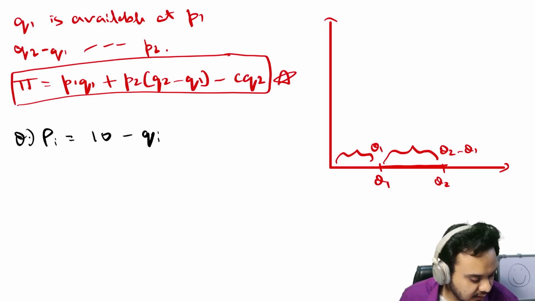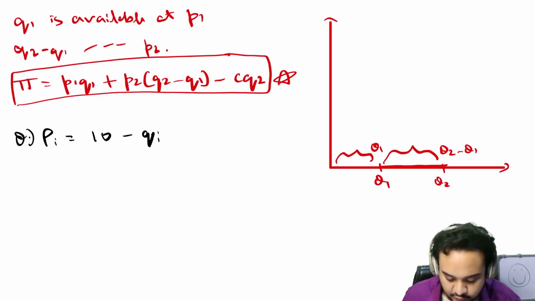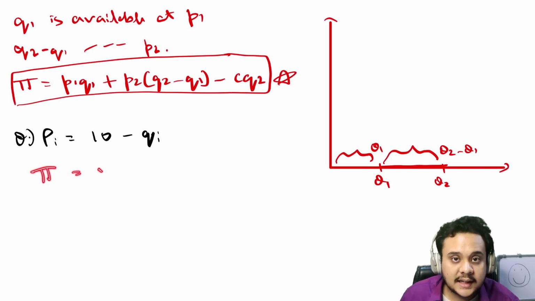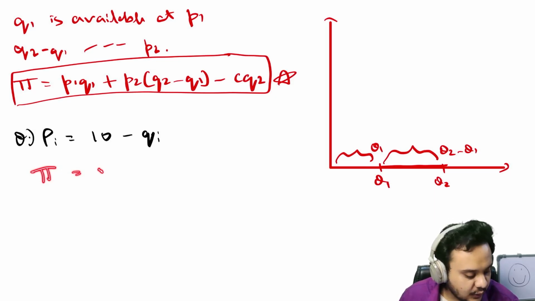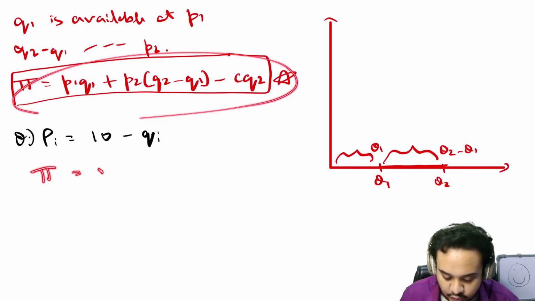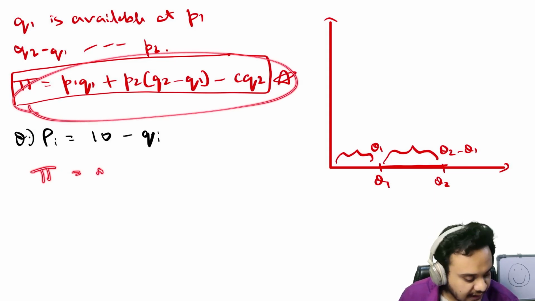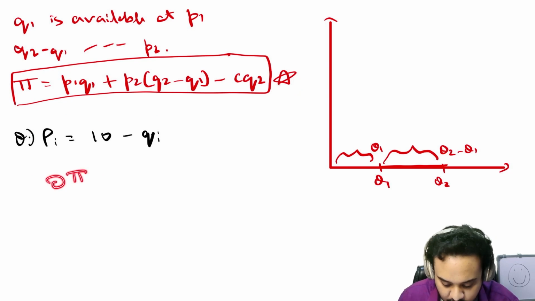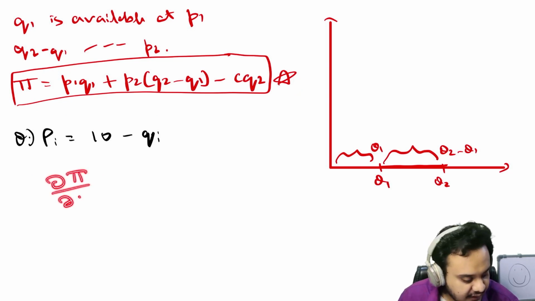Okay, so what you are going to do is, let me tell you. You will first of all calculate the profit function in terms of q1, q2 and C into q2. However you solve it, keep this formula in mind. That is all you have to do. Then after you have written down the profit function, you have to differentiate that first of all with respect to q1.